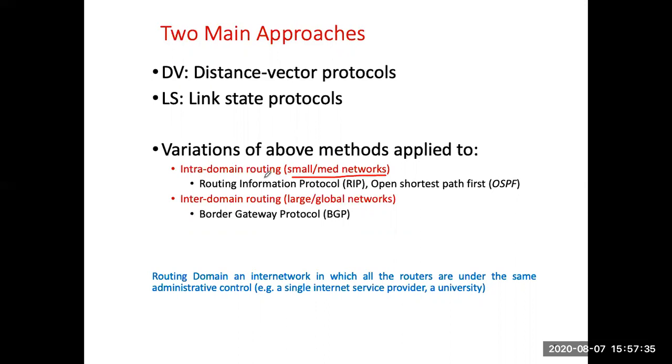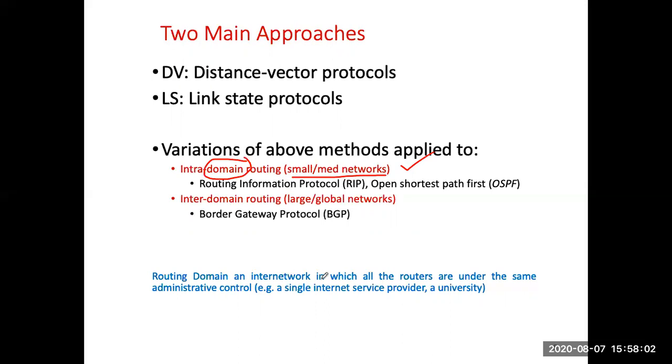These use the distance vector protocols. The examples are the Routing Information Protocol, RIP, and Open Shortest Path First, OSPF. This means RIP and OSPF are mainly used for small and medium networks, in intra-domain routing. Now, what is the domain?